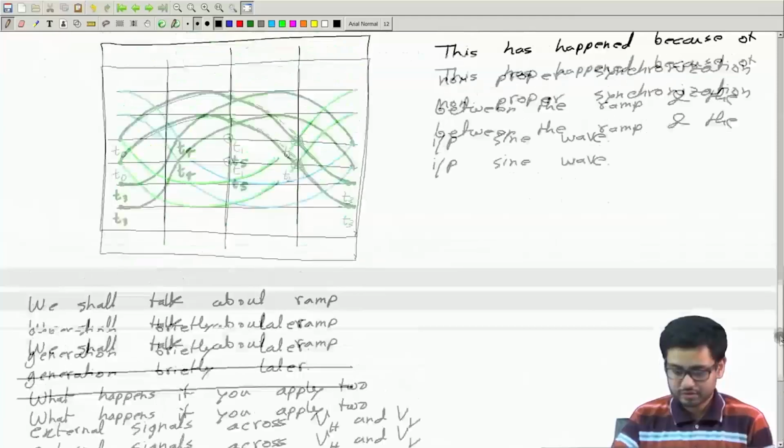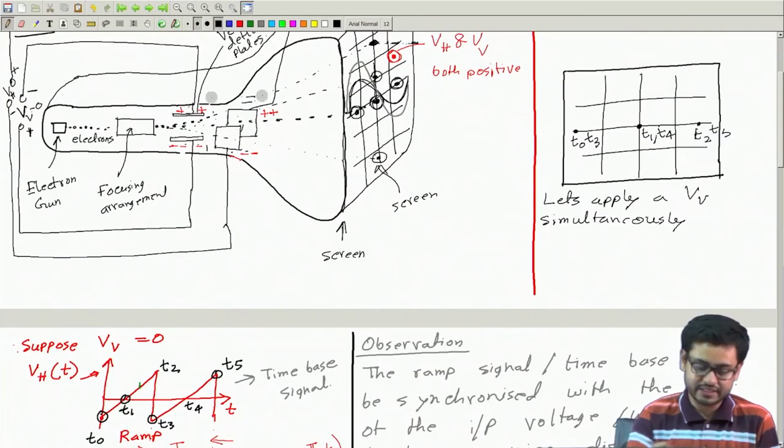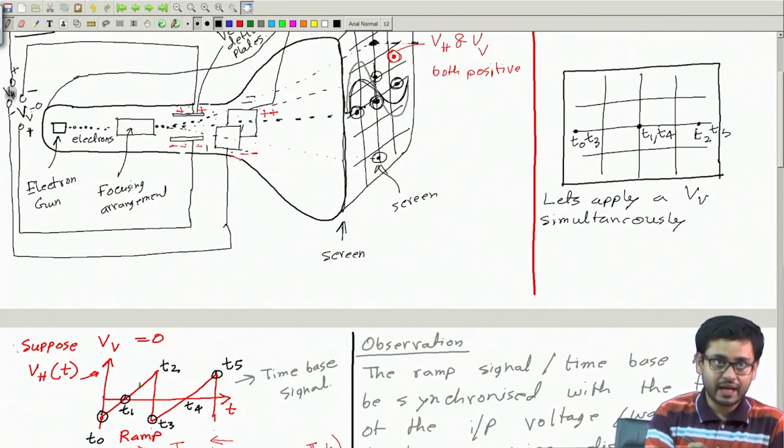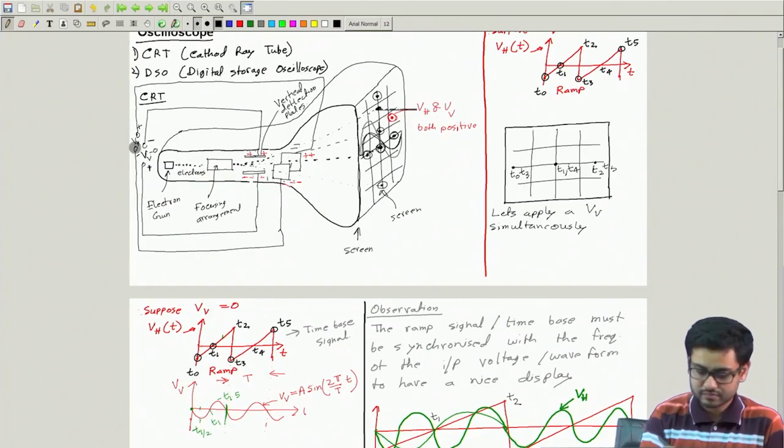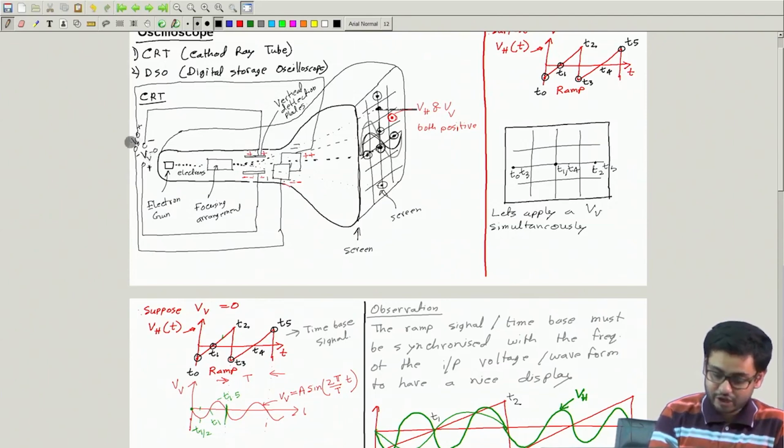Okay, so what we have talked about so far is this. Across VV, the vertical one, we shall apply the external voltage from outside, which you want to observe or see on screen, and across the horizontal one we will apply the time base signal, or the ramp.